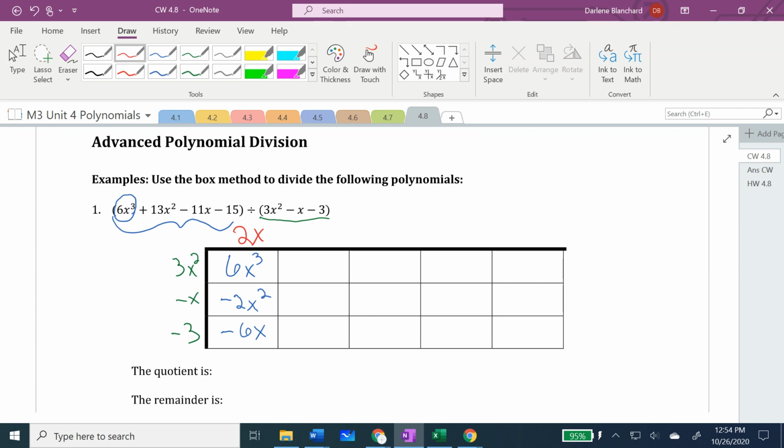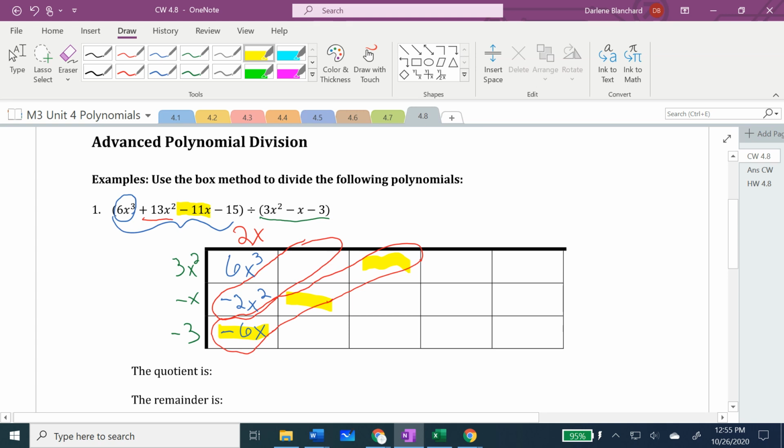Now, this diagonal has only two boxes. I need to have those two boxes add up to make 13x squared. I have this negative 6x down here, and you want to be aware that that box plus two more along this diagonal, all three of these, let me emphasize by highlighting, these three all together are going to add to make negative 11x.